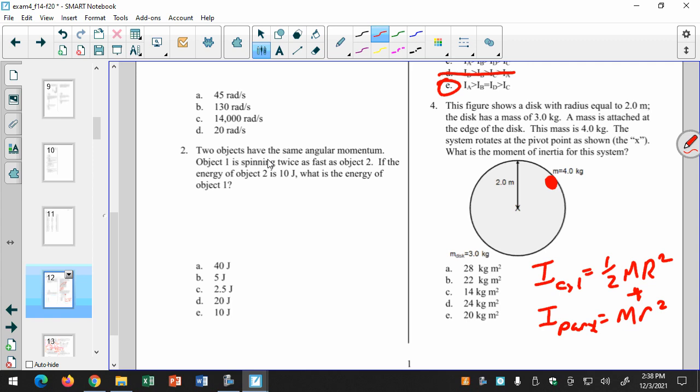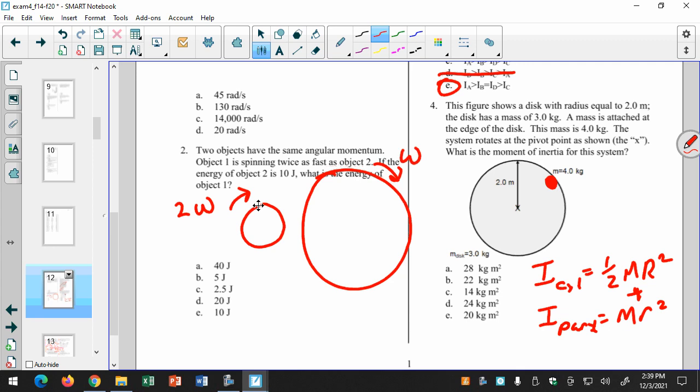Smaller radius. So, remember the figure skater, if she has her arms out, she spins more slowly. So object 1 is going to be a small radius, object 2 is going to be a big radius. And this one has omega, this one is 2 omega, and this one is just omega.